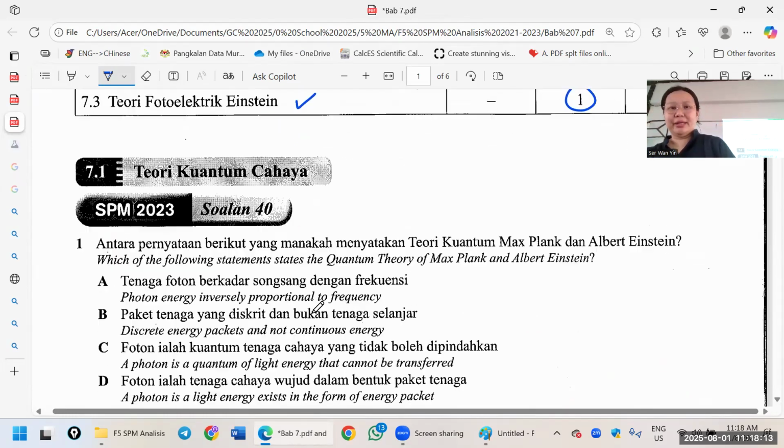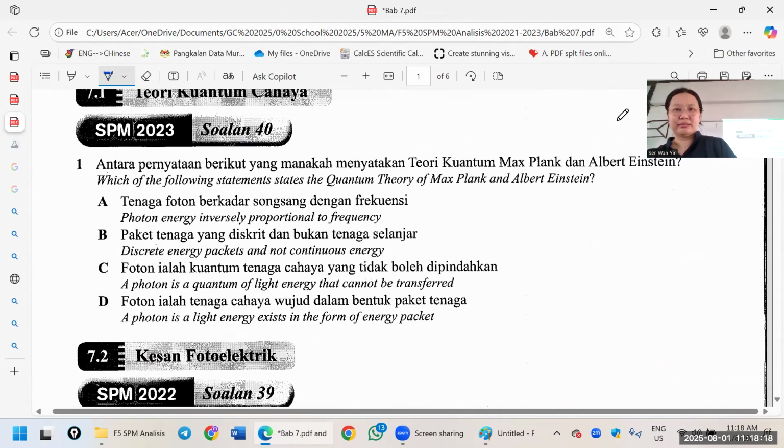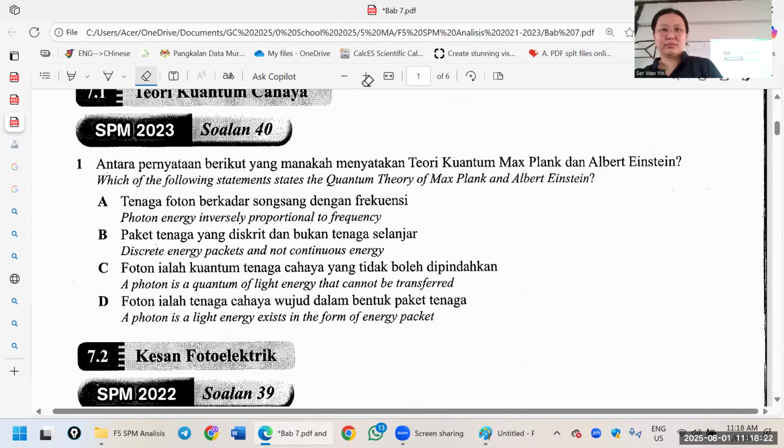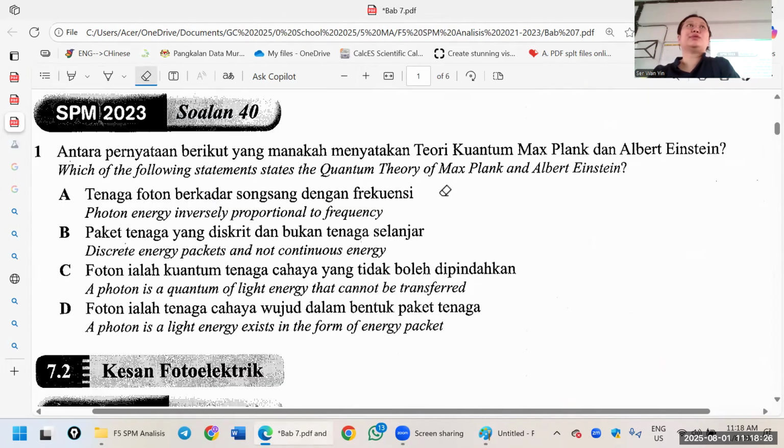Okay, so now directly we look at analysis first, page 59. Number 1, analysis SPM. Which of the following statements states the quantum theory of Max Planck and Albert Einstein?